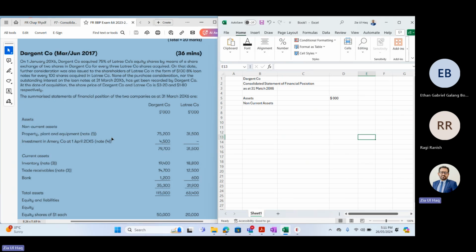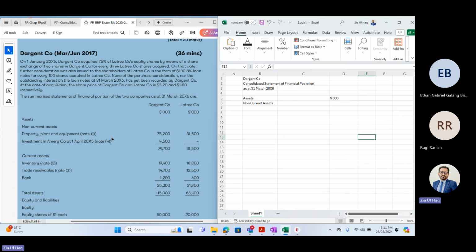Okay. On that date, further consideration was also issued to the shareholders of Latry company in the form of $108 of 8% loan notes for every 100 shares acquired in Latry company.